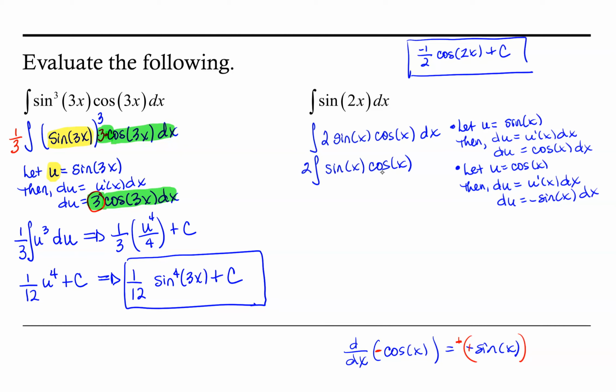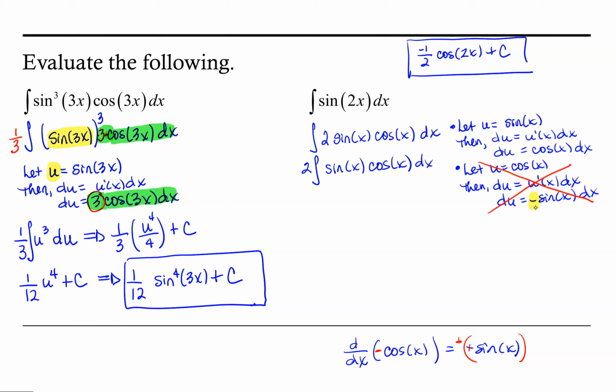Now, as I look at these two options, I'm thinking this first option is easier to use than the second, simply because in the second option we've got this negative sign that we have to deal with when taking the derivative of cosine. Other than that, they're about the same in level of difficulty. So because of that little issue of the negative sign, I'm going to prefer not to use the second option. Rather, I'm going to use the first option.